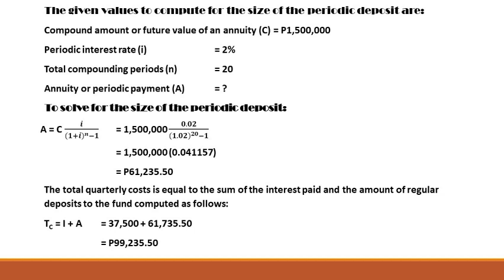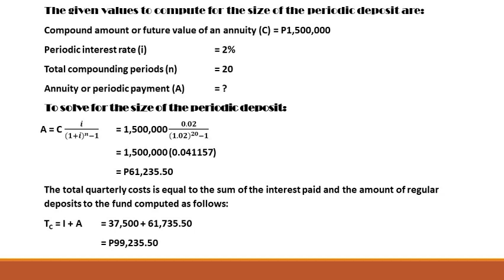The given values to compute the size of the periodic deposits are: first, the compound amount or future value of an annuity C, which is 1.5 million pesos; the periodic interest rate i, which is 2%; the total compounding period n, which is 20; and the annuity or periodic payment A. To solve for the size of the periodic deposit, we use the given formula.